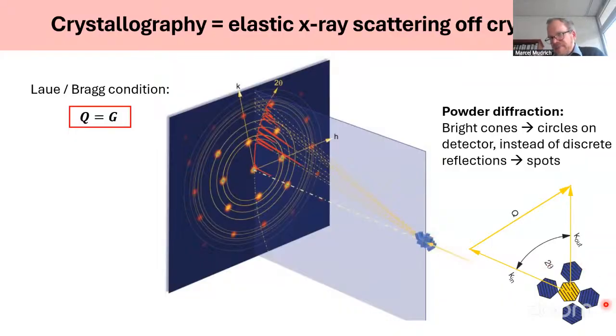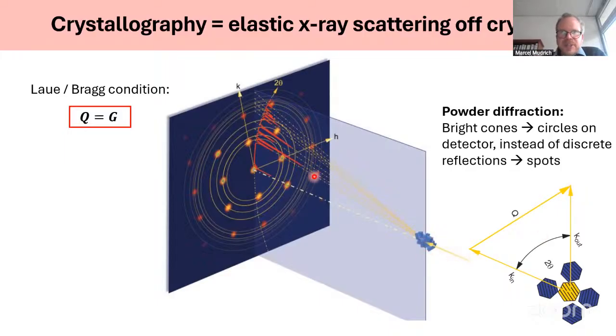So we have an assembly of many small crystals that all have different orientations. But what happens is that for one specific incident k vector that has a specific length, because we assume monochromatic radiation, and one specific direction given by the beam, then only those microcrystals that just happen to fulfill the Laue condition would produce a scattered bright peak, right?